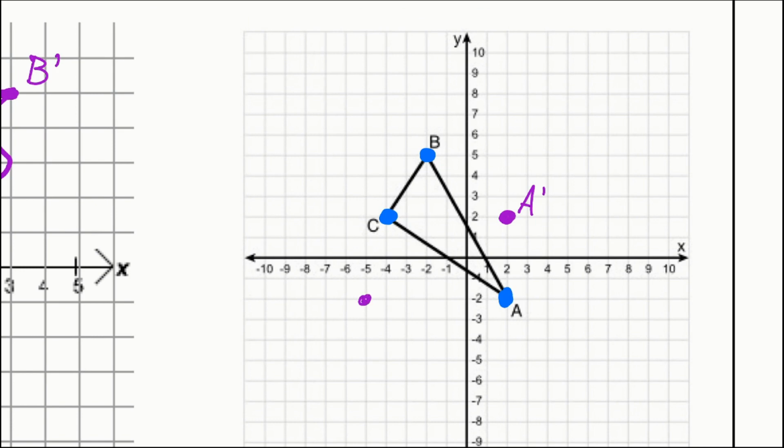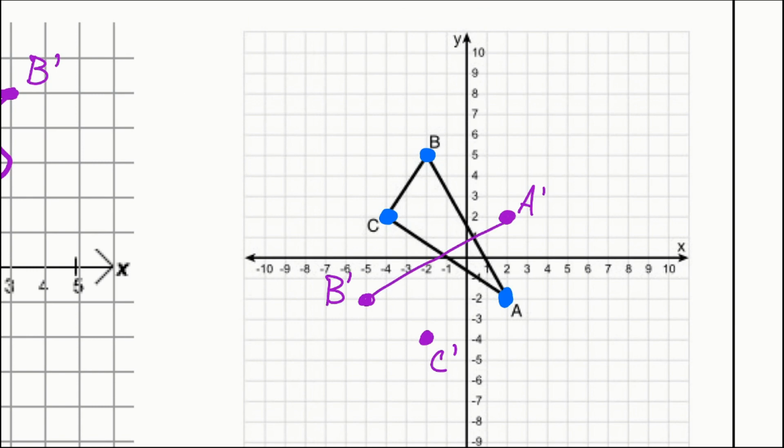So that would be here. I'm going to do it one last time for C. C is at -2, -4. Okay, so that's going to be C prime.